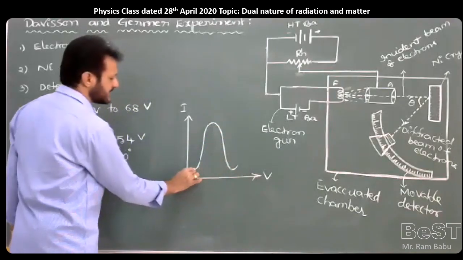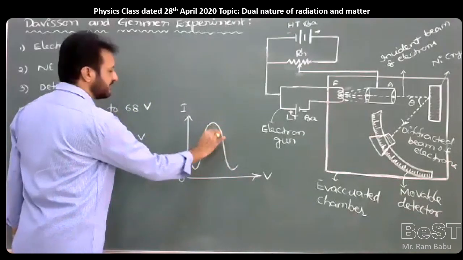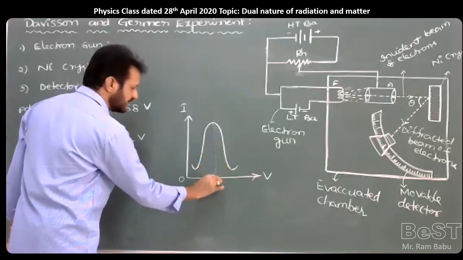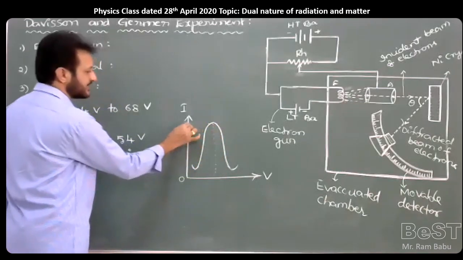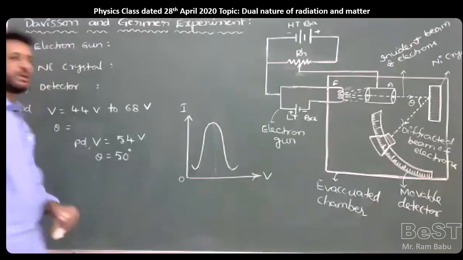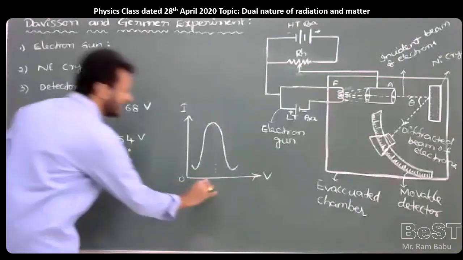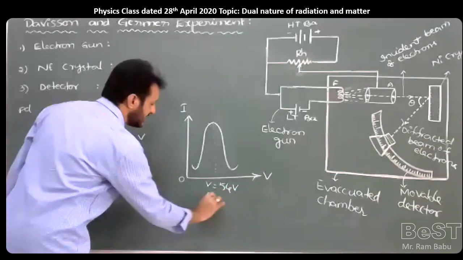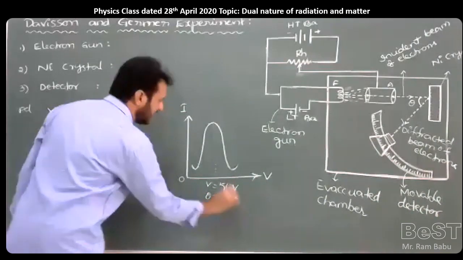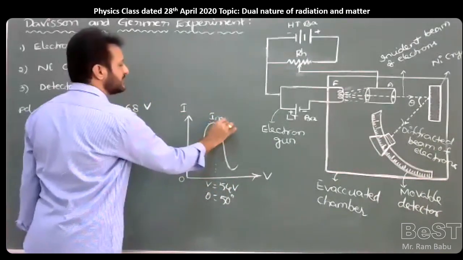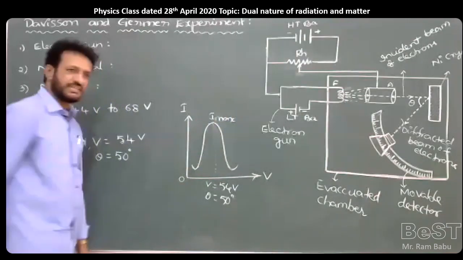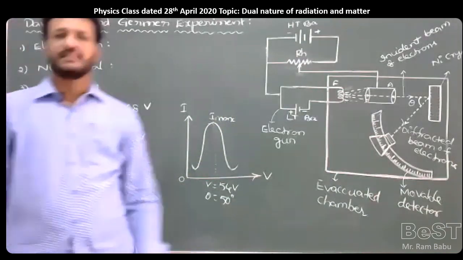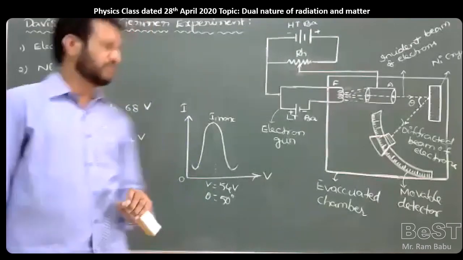In all the remaining cases the intensity of the wave is not a maximum, but in one particular case the intensity is a maximum. At what case? Potential difference V equal to 54 volt and scattering angle theta equal to 50 degree, the intensity of the electron beam is maximum. That confirms the wave nature of the electrons. You have to understand that.